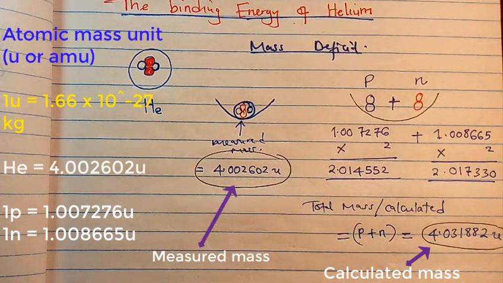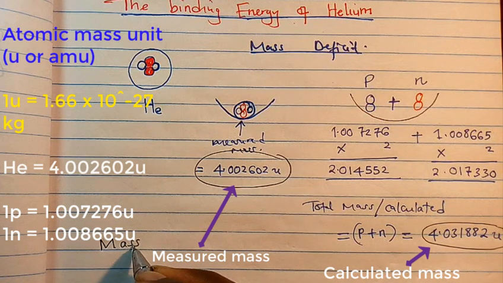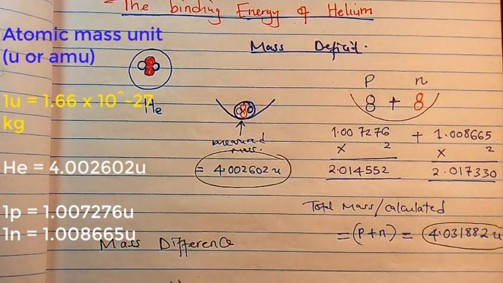Now the difference, which we call the mass difference, we are going to get it here, and we said in the previous lesson that the mass difference results from that small amount of mass which has been converted into binding energy that holds the nucleons together in the nucleus.